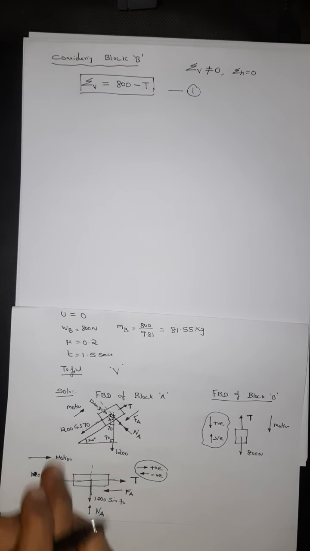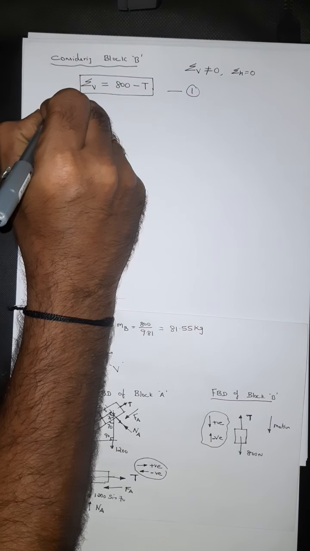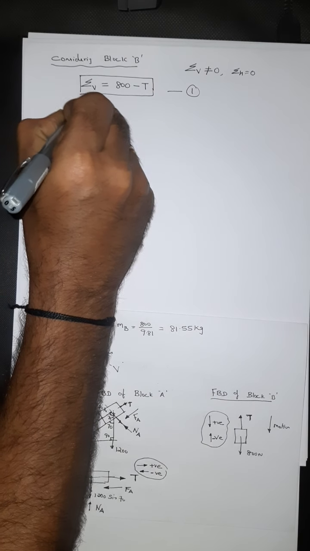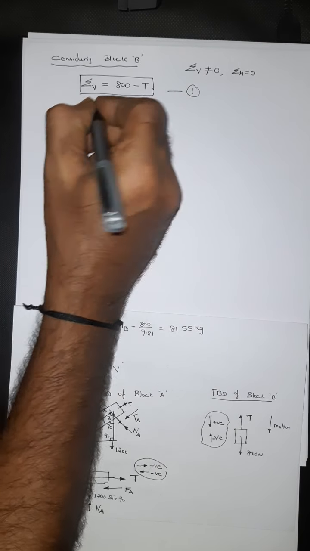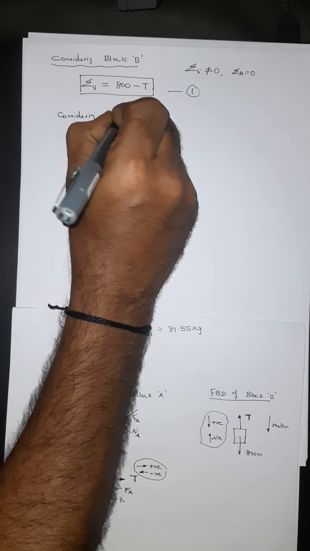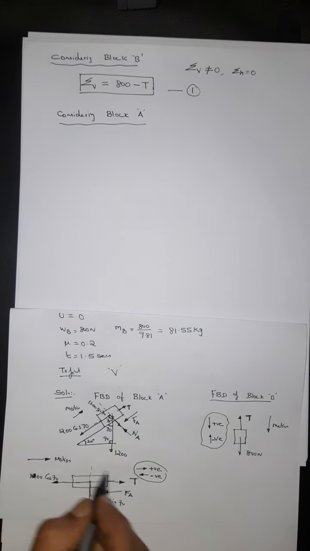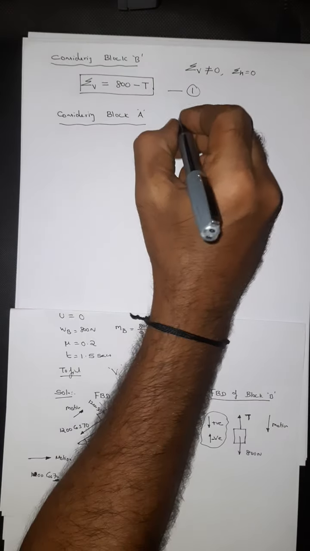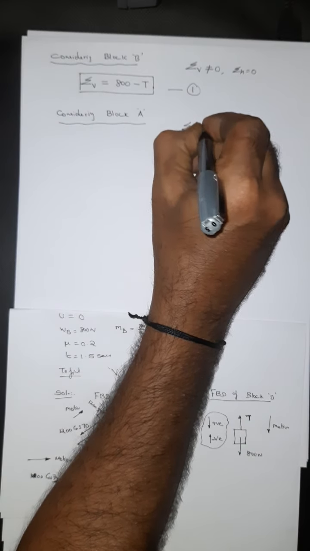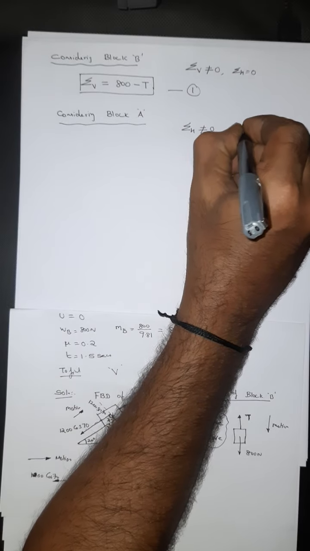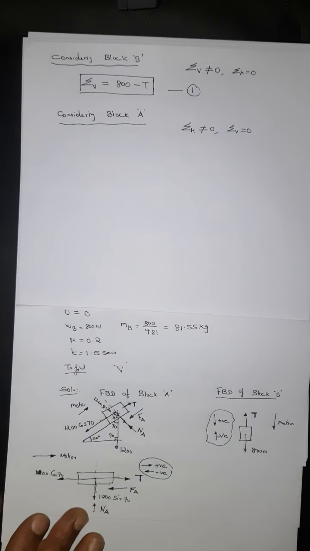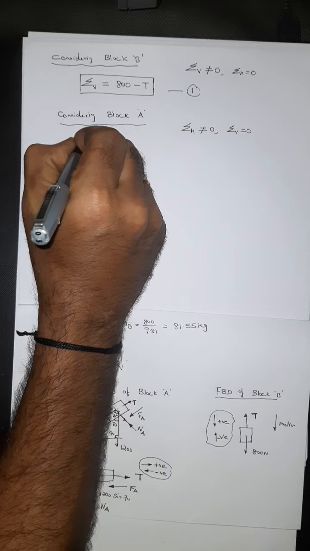Fine. Let me consider the free body of block A. Here the motion is horizontal, therefore summation H is not equal to 0, summation V is equal to 0. Let me resolve the vertical forces first.